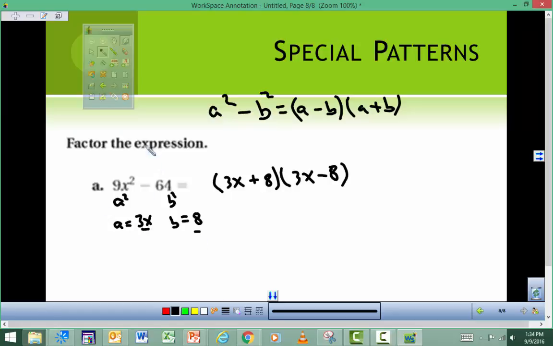Remember, there is no middle term. There's like a 0x sitting there. And notice, if you multiply this one times this one, you get negative 24x. But if you multiply this one, you get a positive 24x. And so when you add those, you get the 0x in the middle. And that's why there is no middle term there.